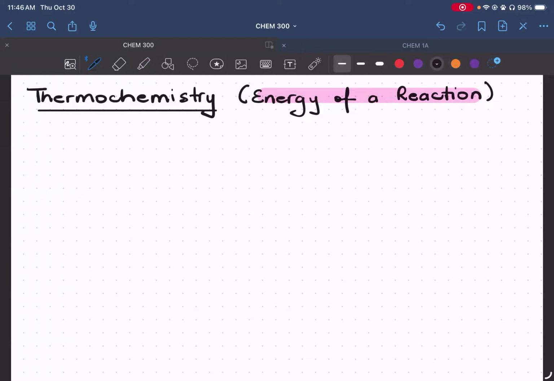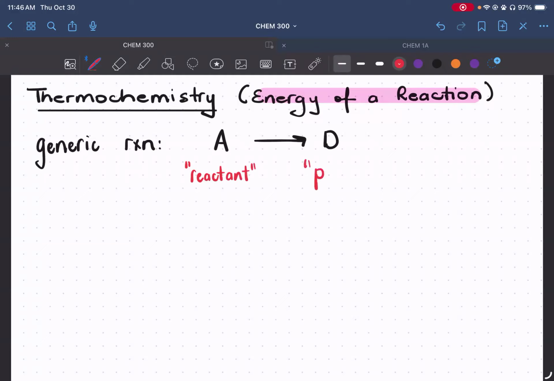Now, to understand a little bit more about the energy of a reaction, let's first identify a generic reaction. Here I've written my abbreviation reaction as RXN. A generic reaction such that A turns into D. We know our left-hand side is our reactant side. We know on the product side, our right-hand side is our products.